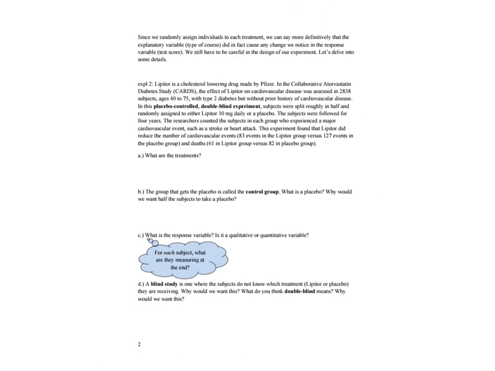Okay? So again, the idea that we randomly assign people to each treatment, and I shouldn't really say people, but individuals, because we could be talking about rats, we could be talking about cars or whatever. But if we randomly assign these individuals to each treatment, we can say more definitively that the explanatory variable actually did in fact cause any change we saw in the response variable.